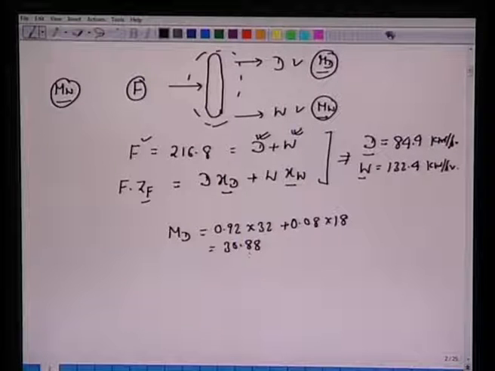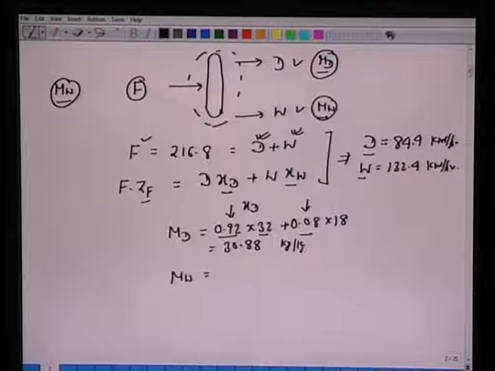Alright, similarly if you have molecular weight of MW, which just now you calculated, so this 0.92 is nothing but your XD, which you have calculated, mole fraction, multiplied by the molecular weight, then you have water 0.08 multiplied by 18, so this would be your kg per kg mole.